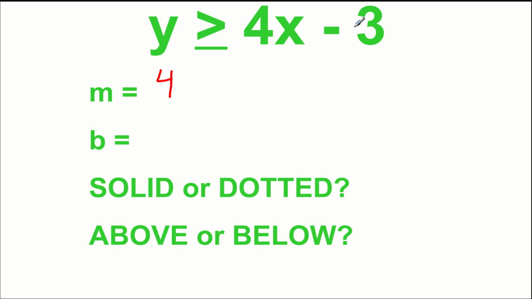Y-intercept. I got this one. Y-intercept is -3. Then what we're looking at is whether it's a dotted or solid line. This one, we got a line underneath it. That means we're going to have a solid line.